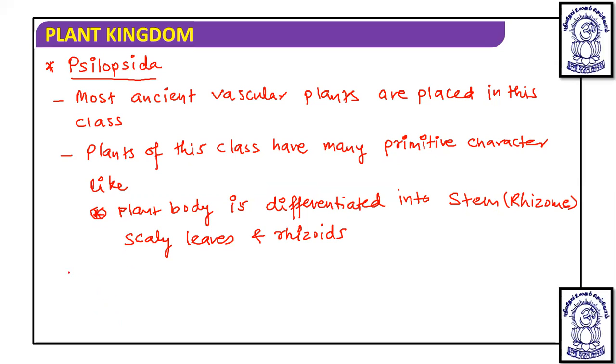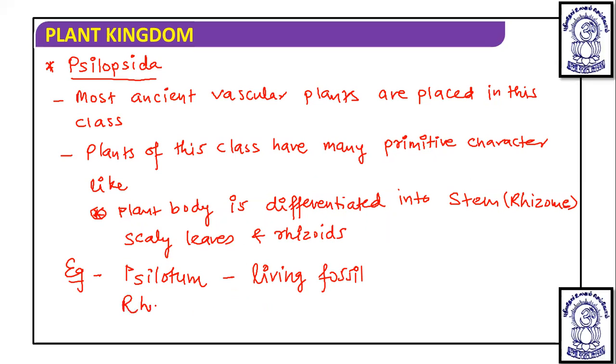Now, if we talk about the examples of Psilopsida, the first example is Psilotum, and Psilotum is considered a living fossil. This is the only plant which is surviving.